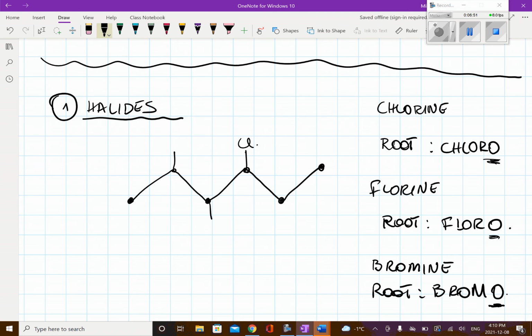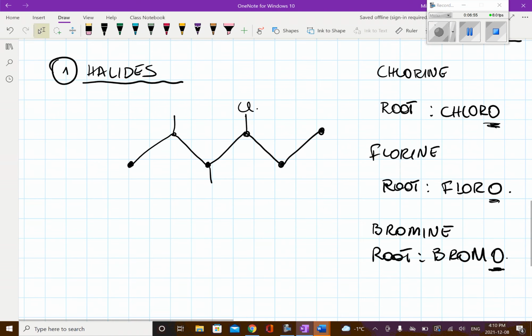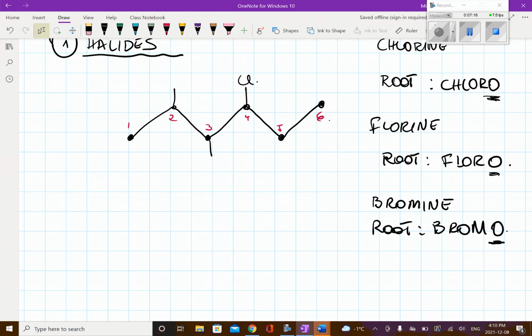So let's suppose that we have this. Let's start by numbering the carbons. We'll start so that the first branch is as early as possible, so it will be 1, 2, 3, 4, 5, 6. Now we have branches: methyl here, methyl here, and we have a halogen here.